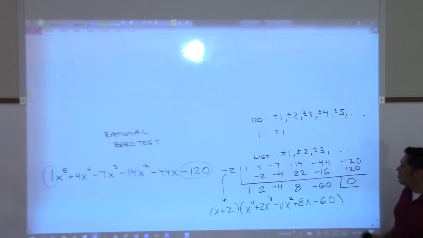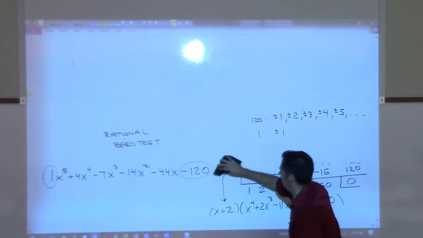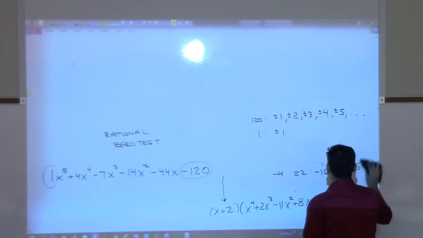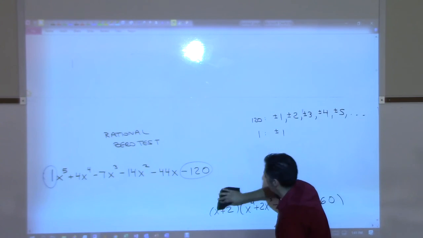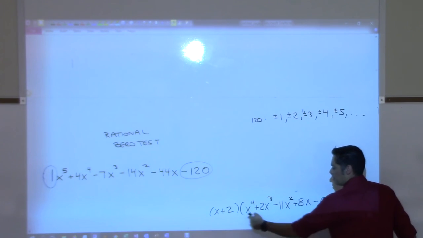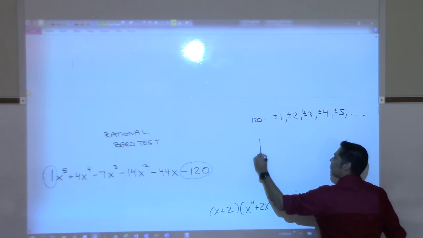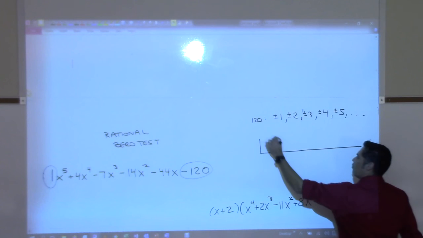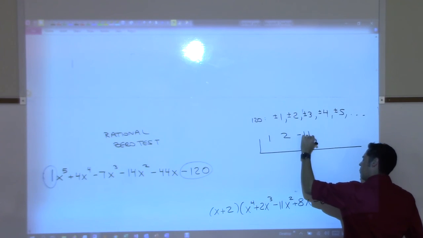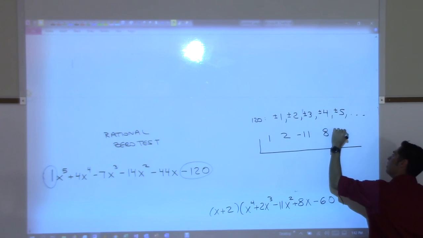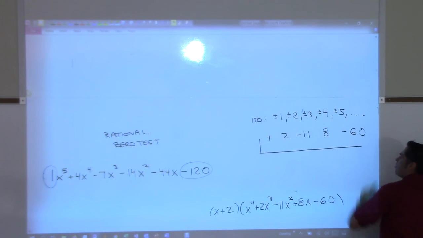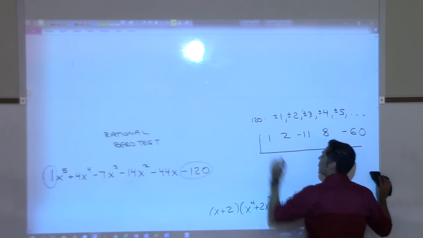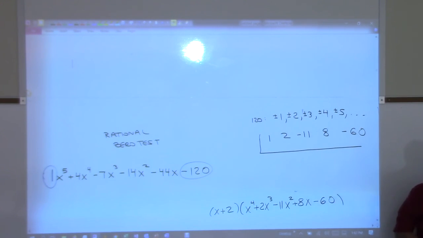So what I'm going to do now is set up a new synthetic division. And I'm going to do this one. So I go here, got 1, 2, negative 11, 8, negative 60. For those students who really do recall this, what number would I start with right now?